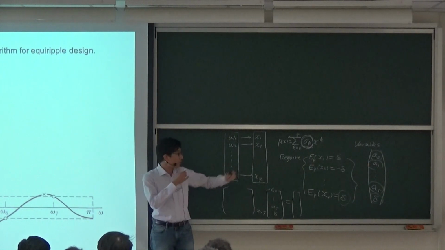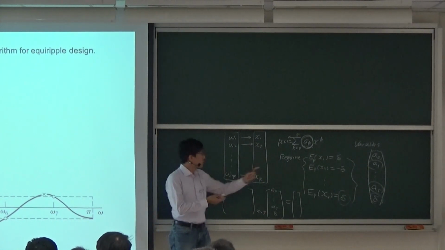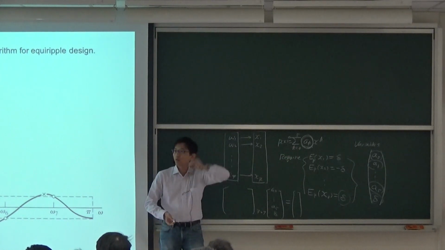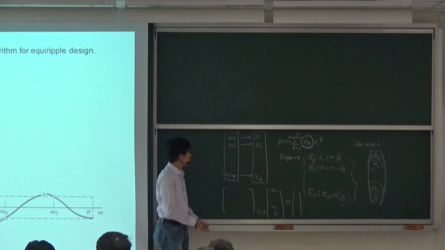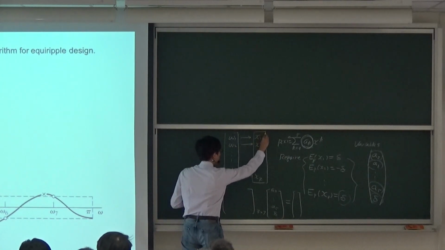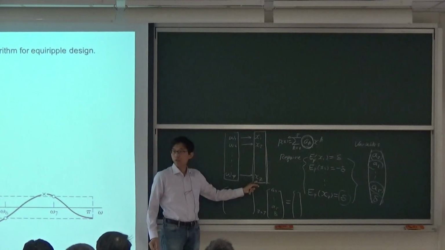We find the polynomial, but if we look at the locations of the extrema of the resulting polynomial, in general they will not match the points that you guessed.